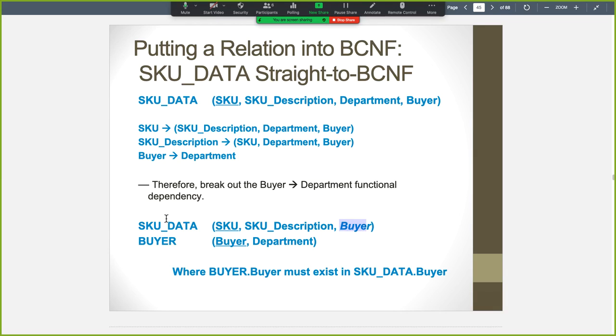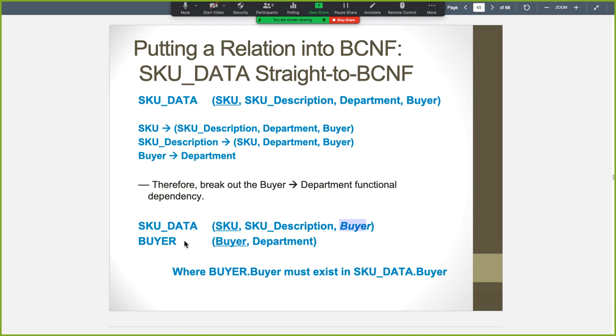So in this case, very quickly, with SKU data, you go straight from SKU data and buyer. And later in chapter 5 and chapter 6, when we talk about entity relationship diagrams or conceptual modeling, and also for those of you who are already working in databases for a while, you look at this table, and a natural tendency or natural response to designing a database is to identify each independent concept into its own table.